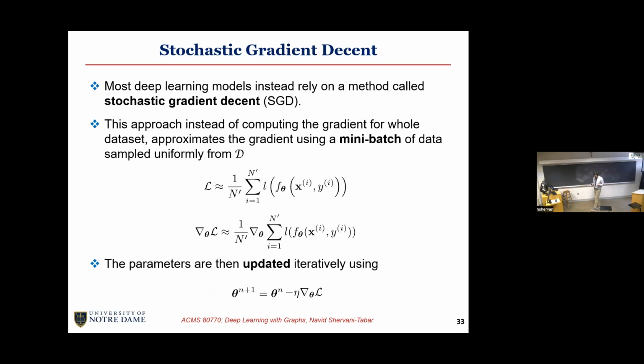The loss for each mini batch is essentially estimating the loss for the total training data. That's the idea behind stochastic gradient descent. We represent our loss now with only n prime samples, where n prime is just the size of a subset of all the training data that we have.